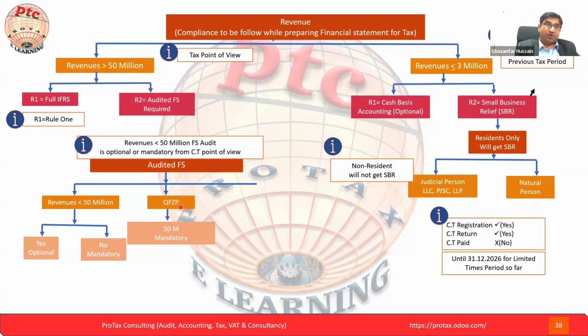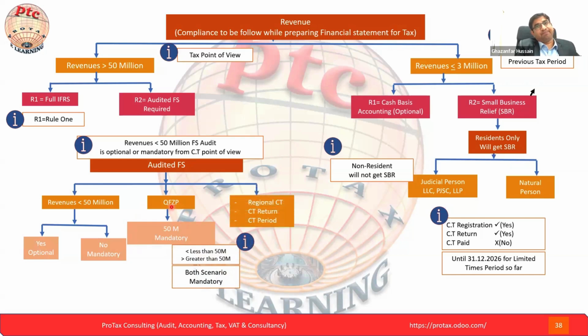Here the most important point is the qualifying free zone person. Let's move to the next. Whether the revenue is less than 15 million or greater than 15 million, in both scenarios it is mandatory. For a regional corporate tax, we have to register for corporate tax, prepare the return, and pay the corporate tax.